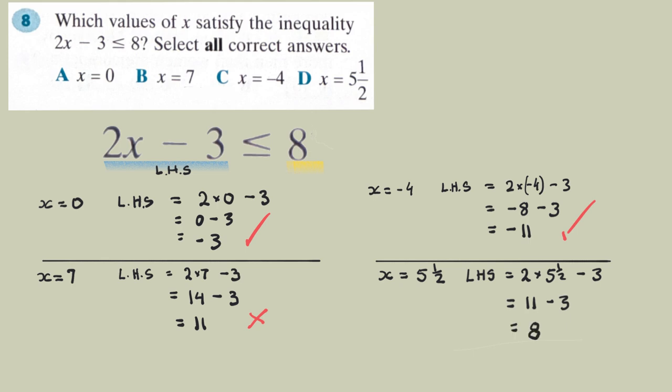Now that means, according to our inequality, it can be equal to 8 or less than 8. And since this is equal to 8, this also satisfies that inequality, so we can tick it. And altogether, we've got A, B, and C, the ones where we've satisfied the inequalities. These are the correct answers.